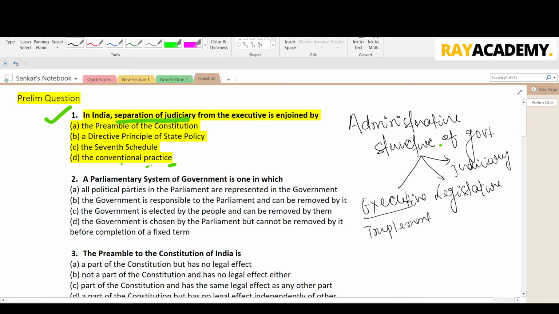And who is executive? We have union and state. At union, it is prime minister plus council of minister. At state, it is chief minister plus council of minister. They are called executive. What about legislature? At union, we have parliament. At state, we have state legislature.